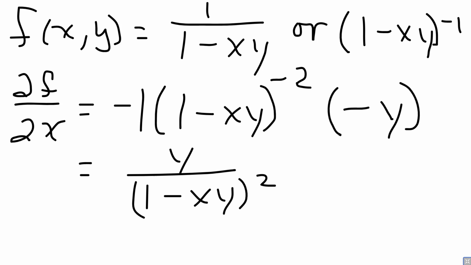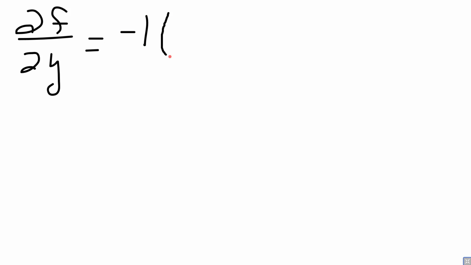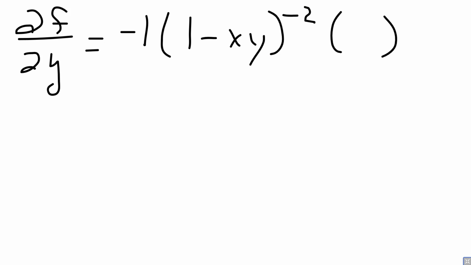Okay, so now let's do the other partial. Let's do the partial of f with respect to y. Just keep in mind this is going to start off the exact same way, with negative 1 times 1 minus xy raised to the negative 2. Then we take the derivative of the inside with respect to y, and what will we end up with?